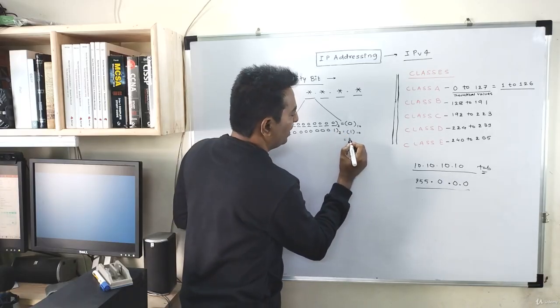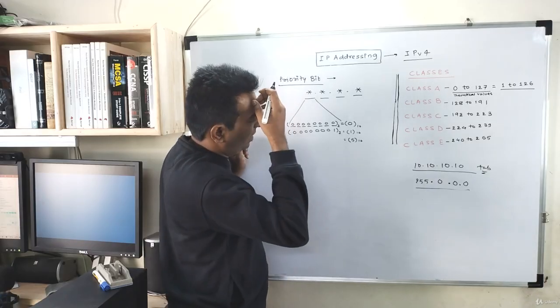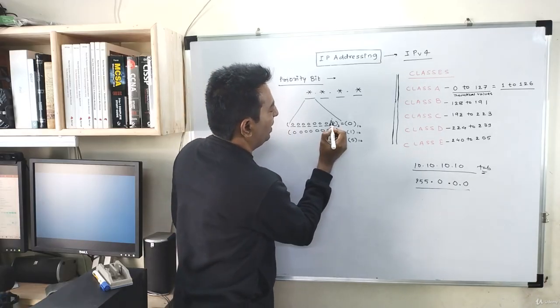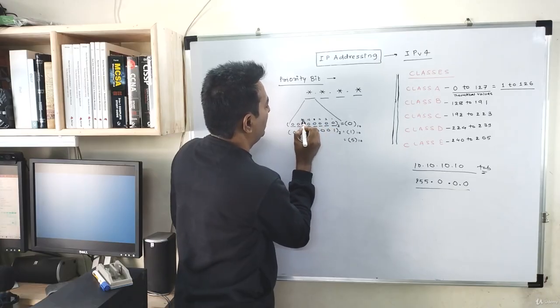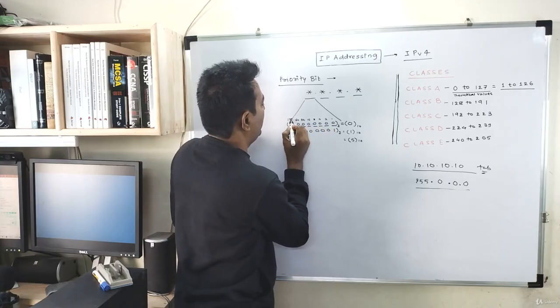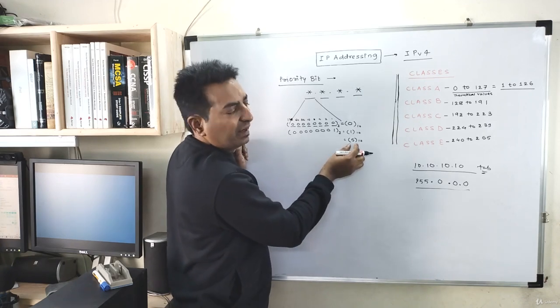If you want 5, let me take a random value, so 5, it is 1 2 4 8 16 32 64 and 128, right? I want to achieve decimal 5.